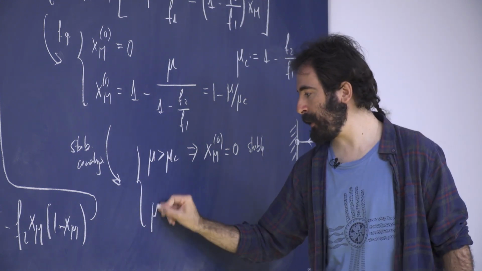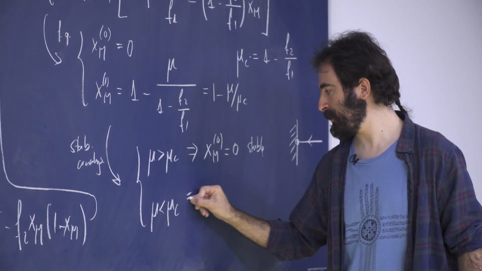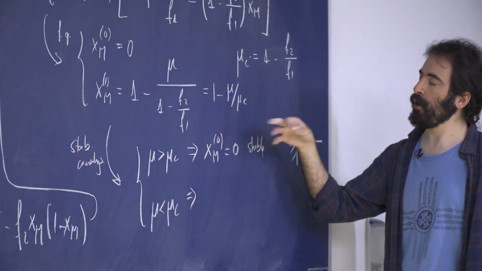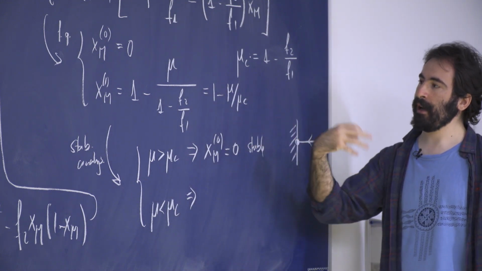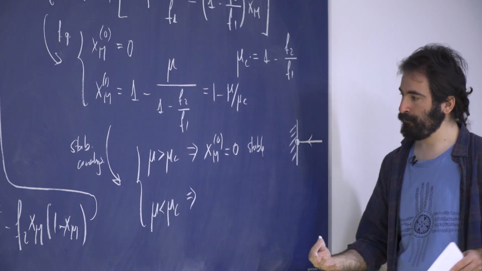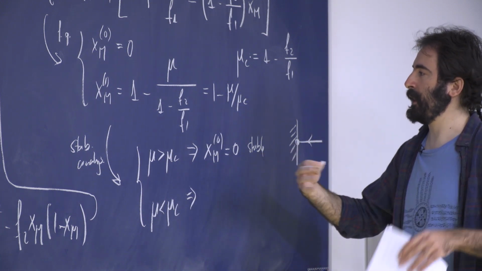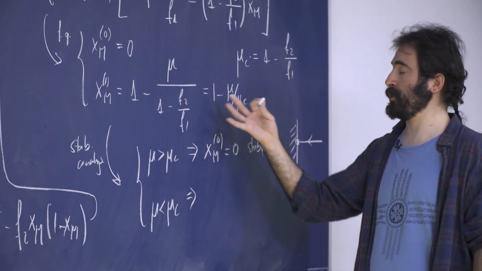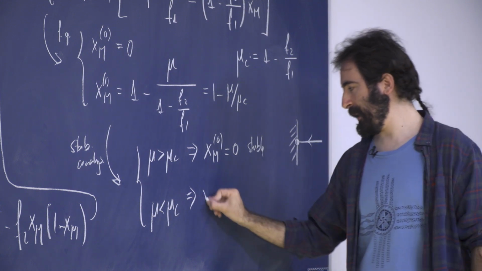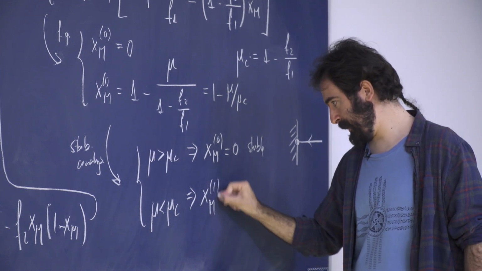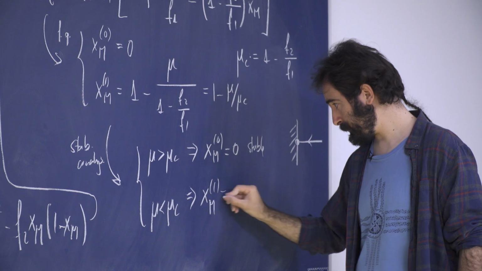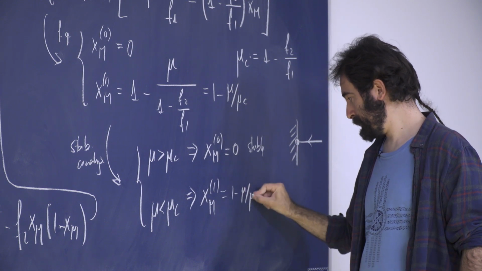On the other hand, when we are at the opposite situation, now this will give rise to a suitable value, right? It's going to be a value between 0 and 1, and in fact, that's when the stability exchanges, right?